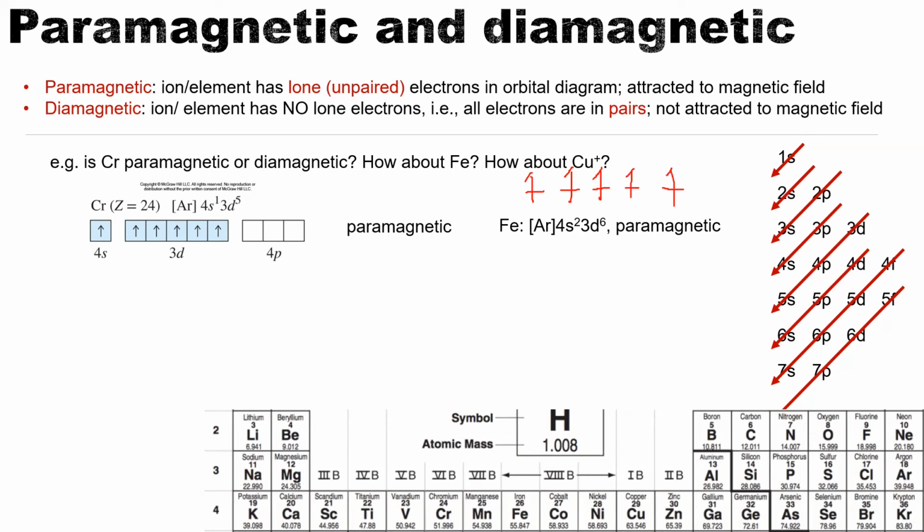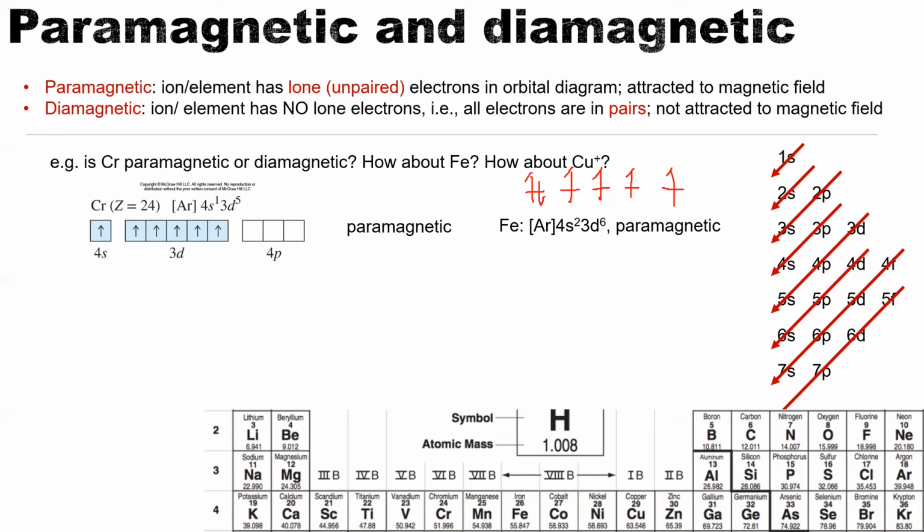However, now we have 6 electrons, so we squeeze 1 electron in with any of these 5. So now we have a pair, 2 paired electrons, and then 4 lone electrons. As long as we have lone electrons, it's paramagnetic. So iron is paramagnetic.